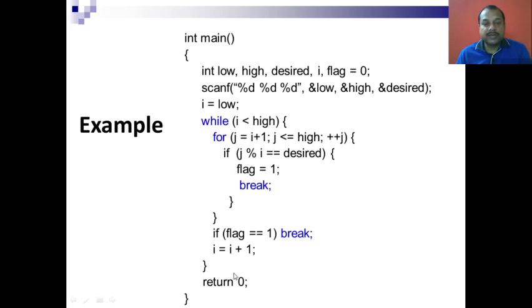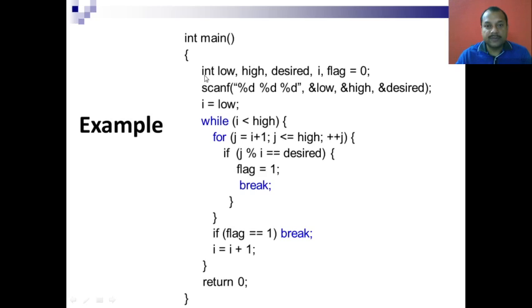So here is another example. Again I am not going into the details of the logic of the program, but I wish to demonstrate only the break. As I mentioned, if I wish to break from two nested loops, then I have to have two break statements, one inside the for, another inside the while loop.